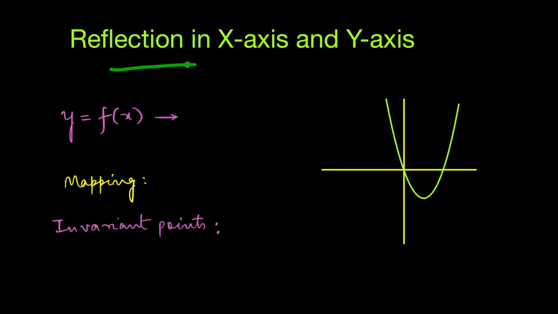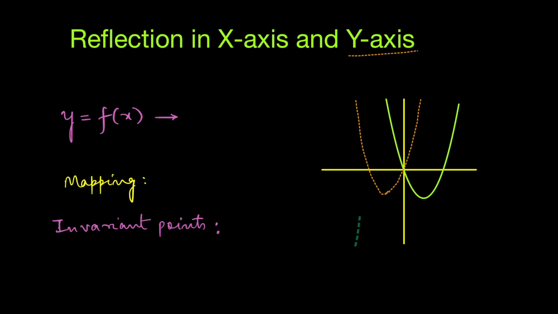Now taking another example, again it is reflection in x and y axis, so these will be similar as we discussed. Now we can see that this is the original graph and it's passing through origin. So there will be the invariant point. First I'm reflecting in y-axis, so the graph will be here. It will look like something like this. So first we reflected in y-axis, now we are reflecting it in the x-axis.